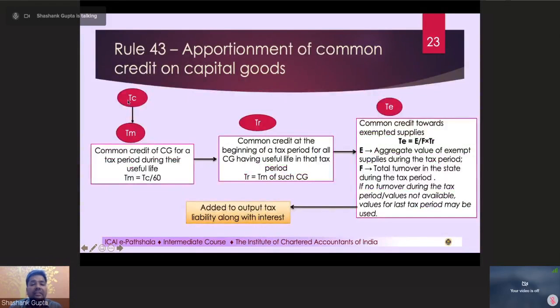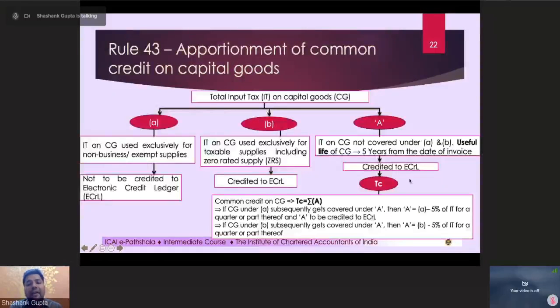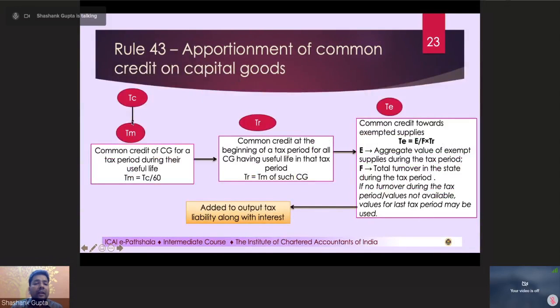Then this TC is actually the total credit of capital goods, and we need to bring it to a particular month, because in capital goods also you need to do a month-wise calculation. And for doing the month-wise calculation, you have to divide the total credit by 60 because the useful life is deemed as 5 years and 5 years means 60 months.